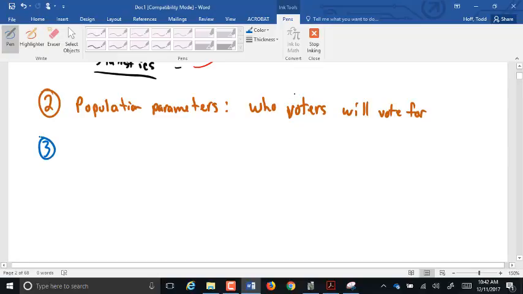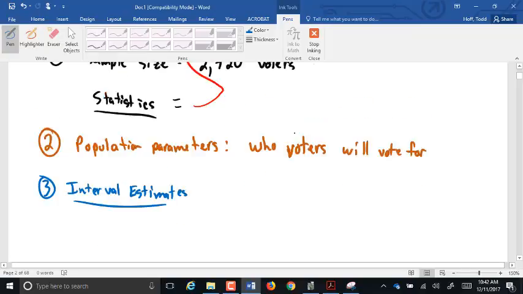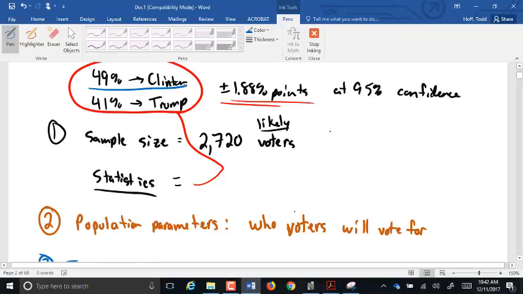Number 3, use this information above to create the interval estimate. Now, we talked a little bit about interval estimates. Remember, these numbers up here, the 49% for Clinton and 41% for Trump, are called point estimates.